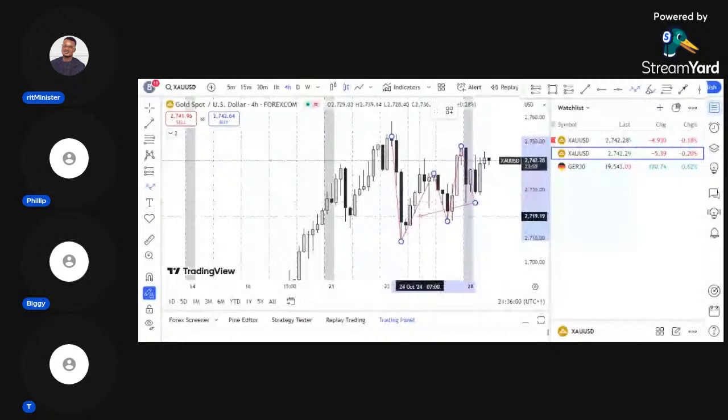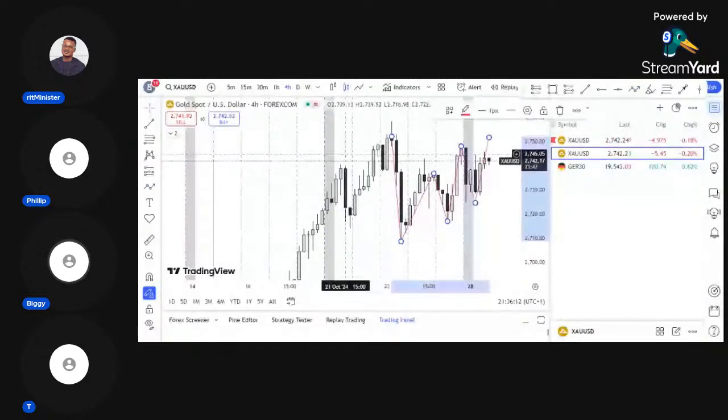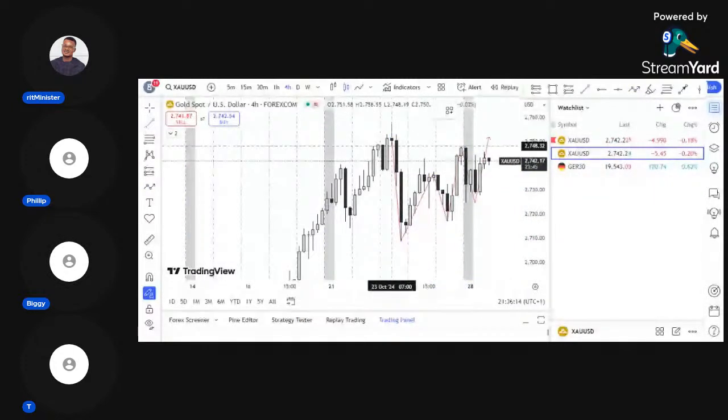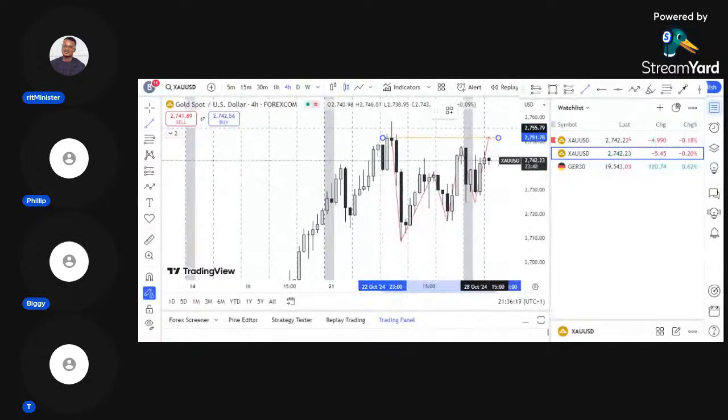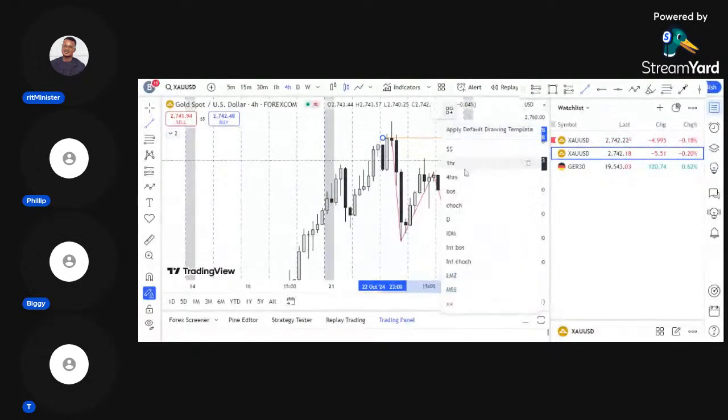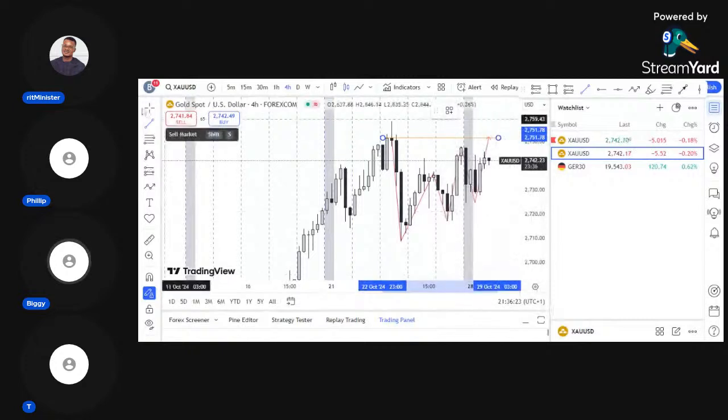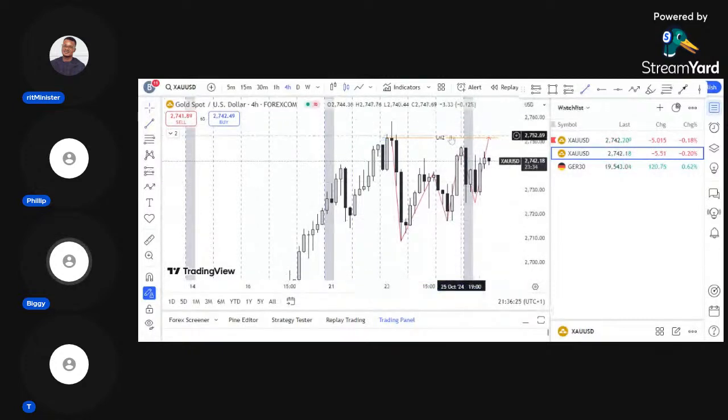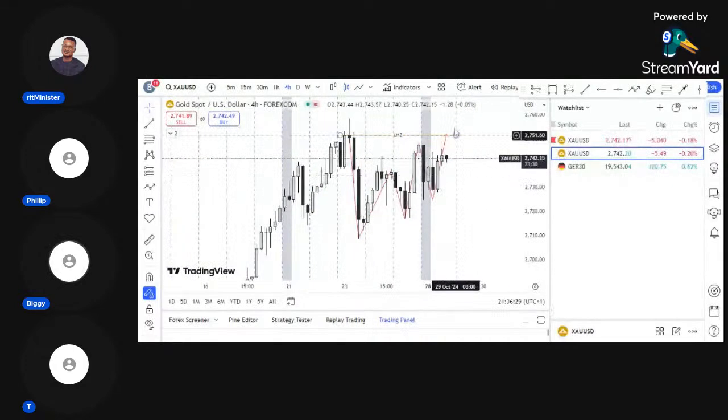So my point is, for us to get down to this LMZ zone here: if we get down to this LMZ zone, this is the point where I will start looking for selling opportunities to the downside.